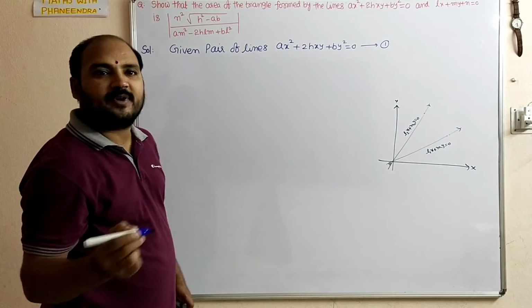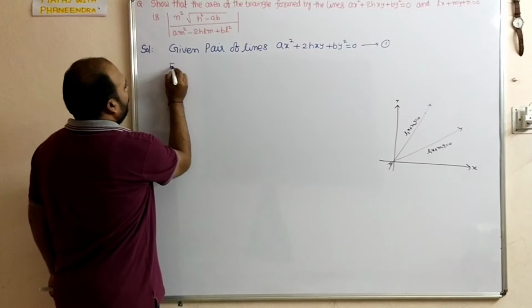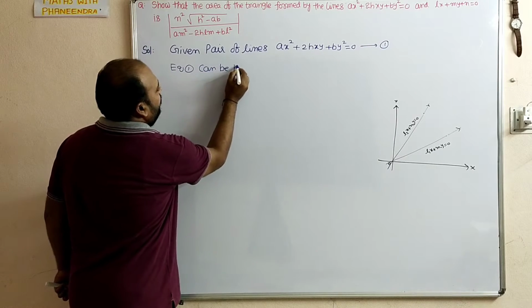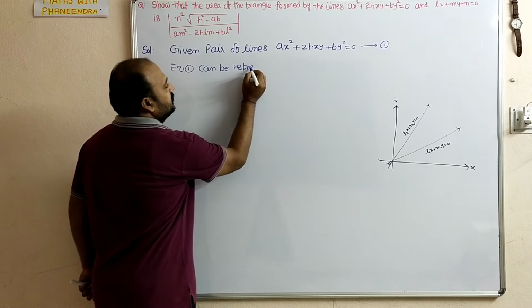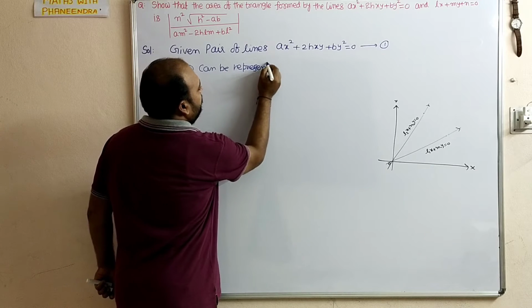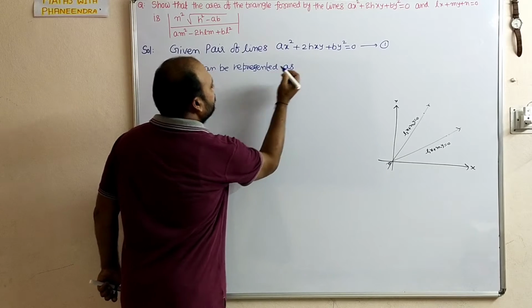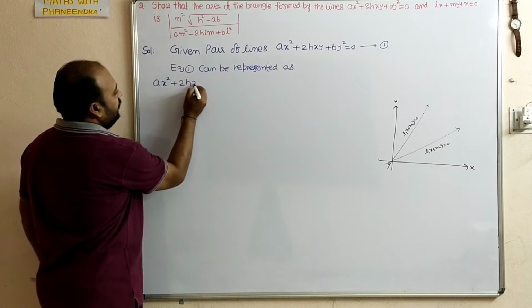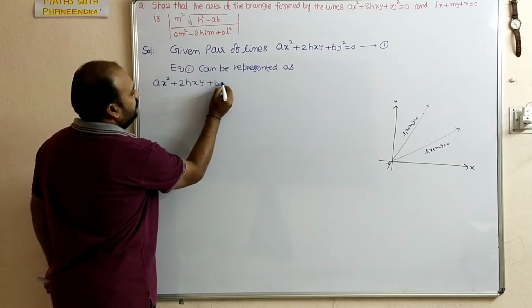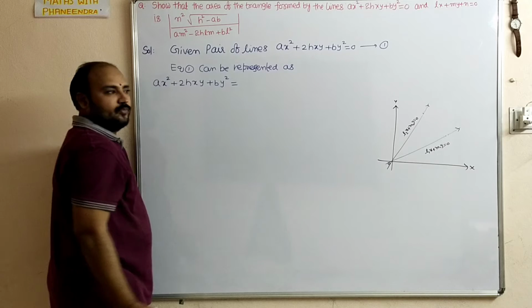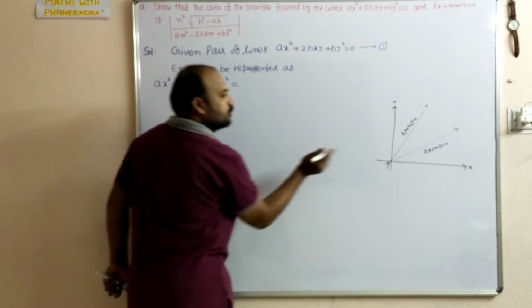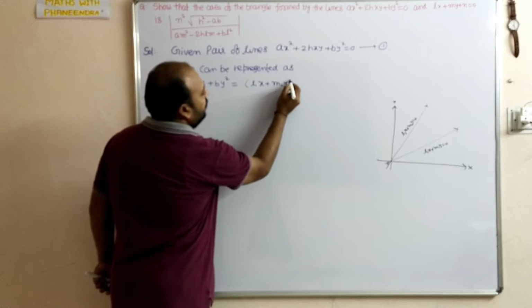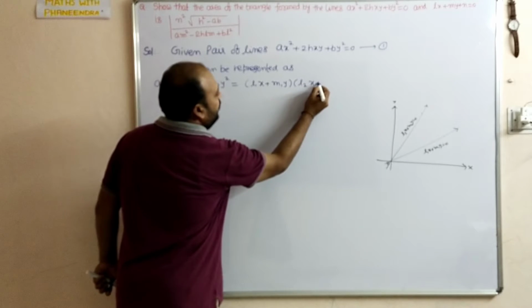Equation 1 can be represented as ax square plus 2hxy plus by square is equal to the combined equation of these two, that means L1x plus M1y into L2x plus M2y.